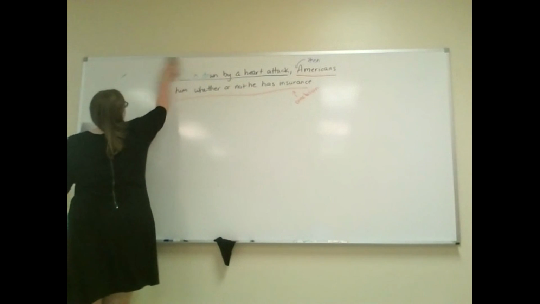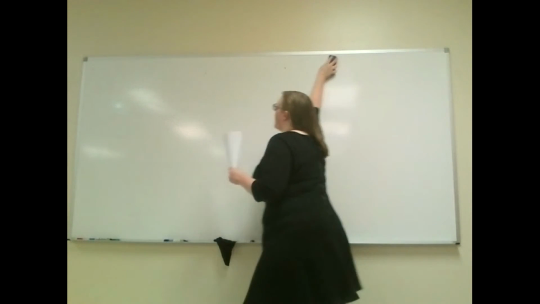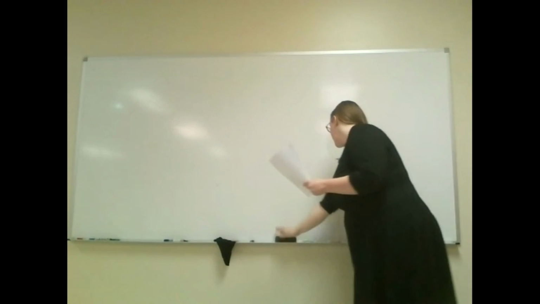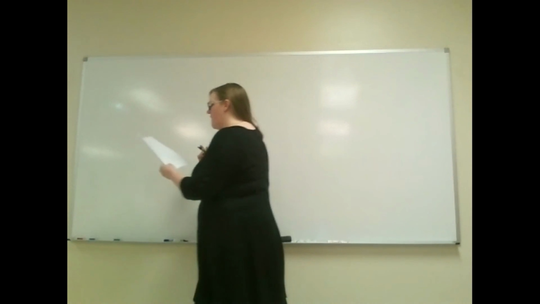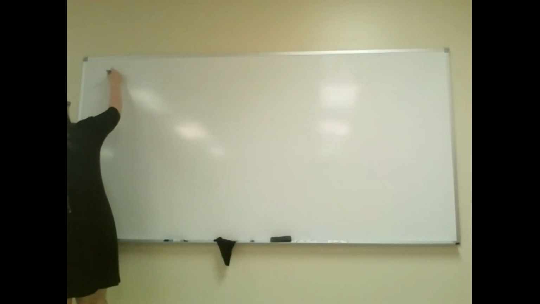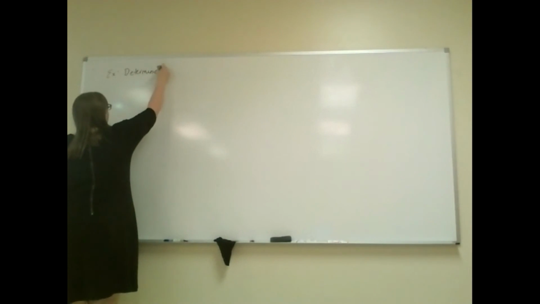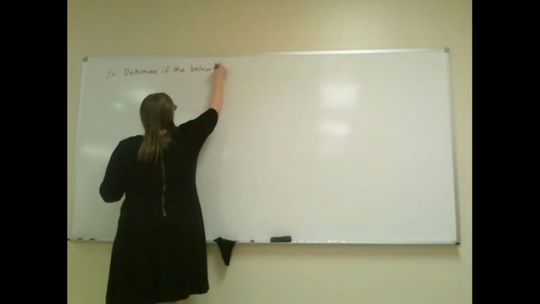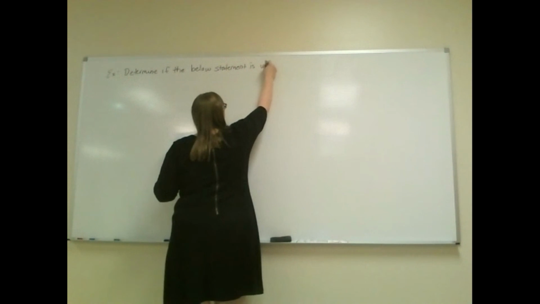All right, I'm going to do a few examples on the board, and then I'm going to put you guys in groups and let you try a few on your own, and I'll come around and help you. So let me show you how this works. We want to determine if the statement below is valid.